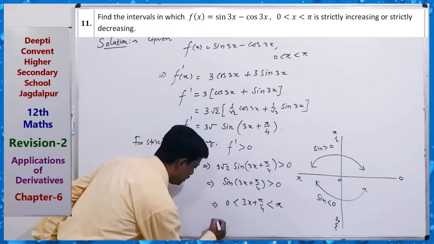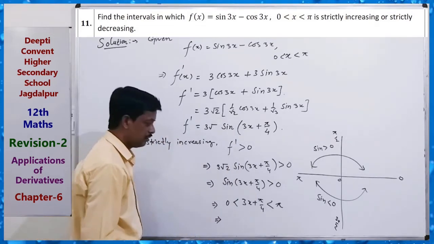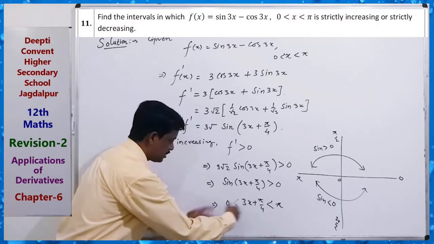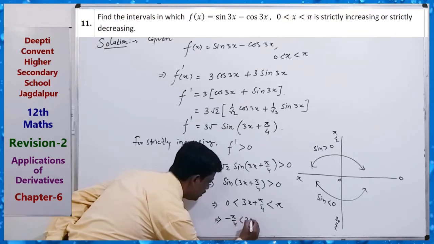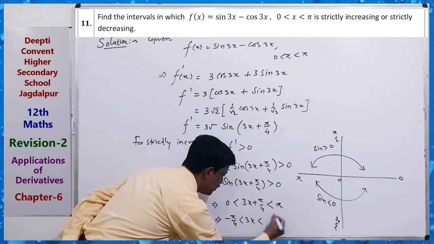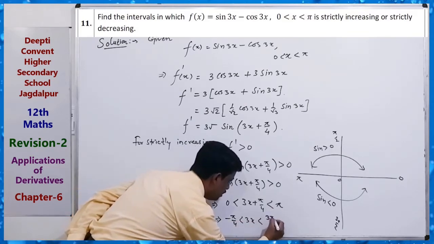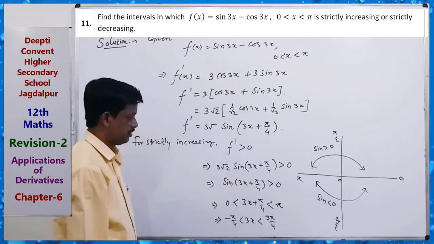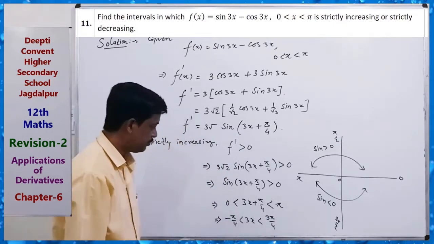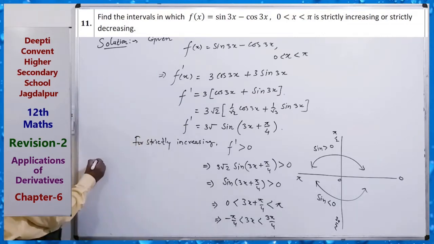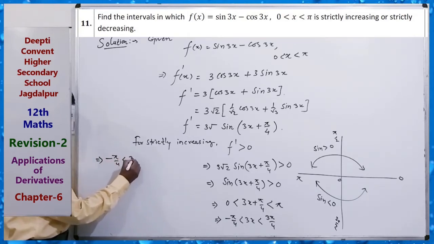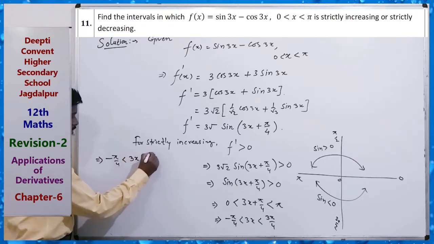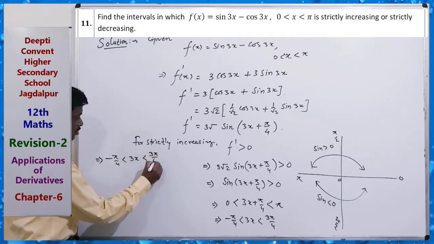Now solve it. Subtract pi by 4 from both sides: minus pi by 4 is less than 3x, which is less than pi minus pi by 4, that is 3 pi by 4.